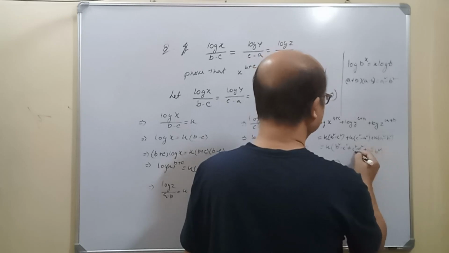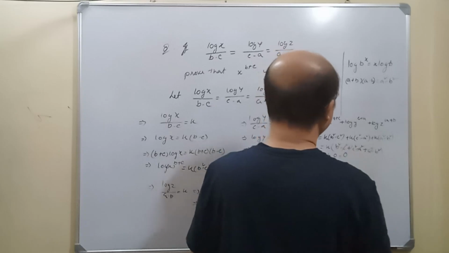This cancels out, this cancels out, this cancels out. K into 0 is equal to 0.